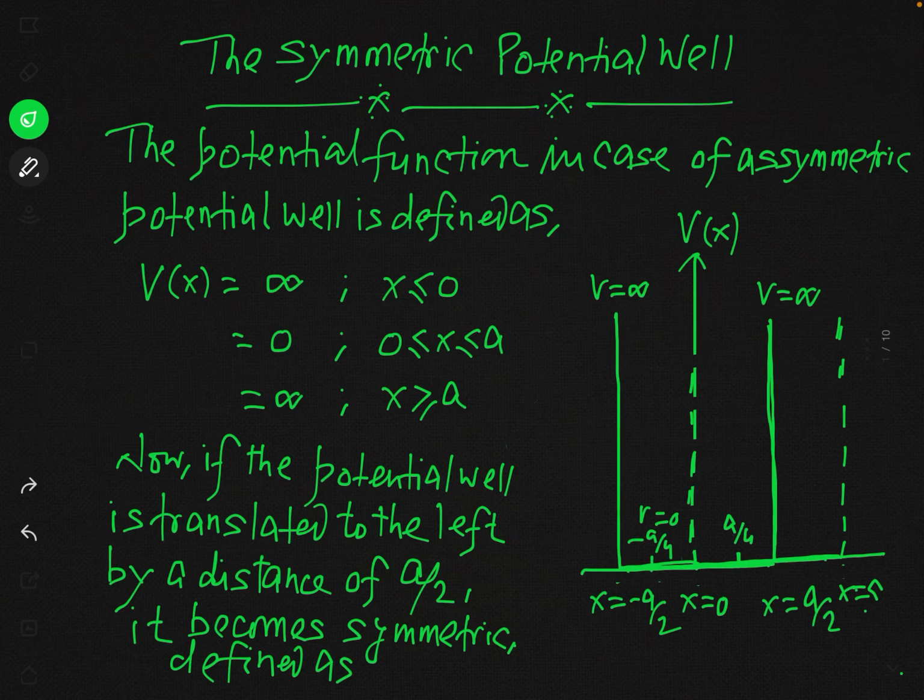So for the continuity condition of the wave function at x equal to a by 2, the wave function psi of x must be 0, because at this boundary the potential is infinity, and so there is no probability of finding the particle outside.